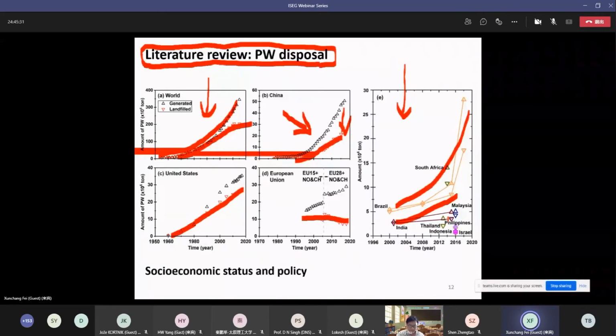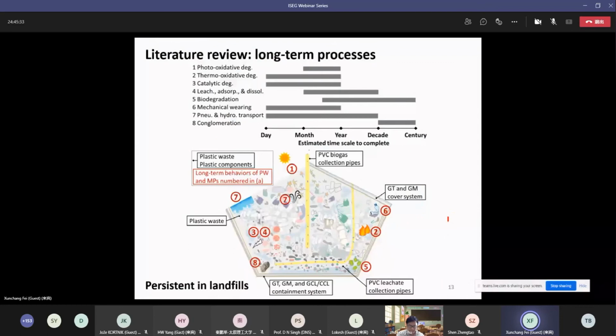So moving on, we know there is so much plastic waste in landfills, and maybe microplastics in the landfills as well. What is going to happen to this plastic waste in the landfills? So we made two summary figures here to show you the potential long-term processes or reactions that are going to happen to the plastic waste.